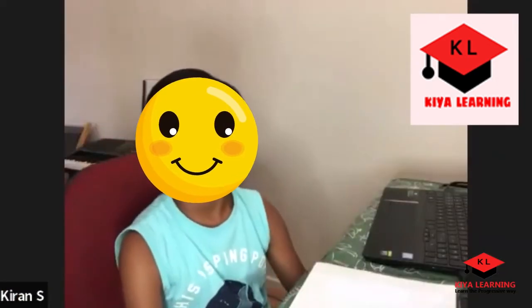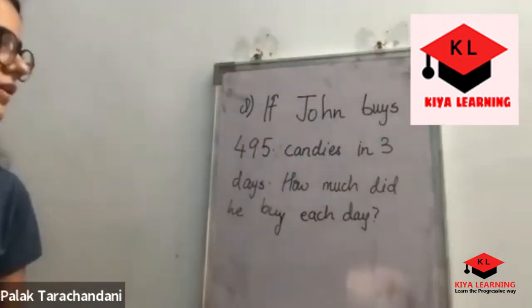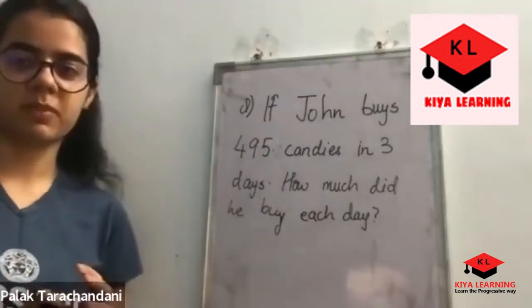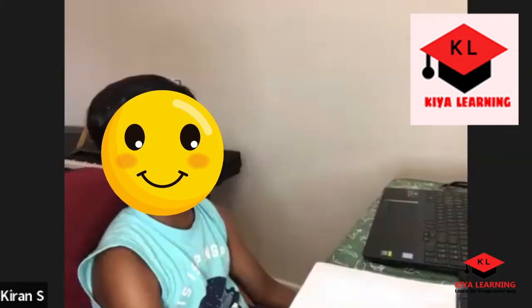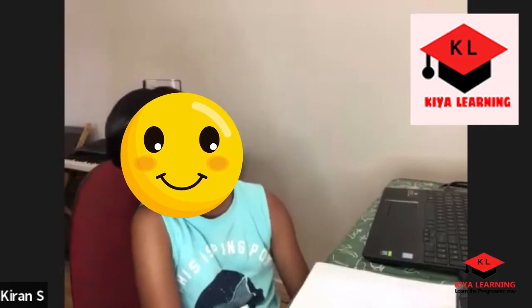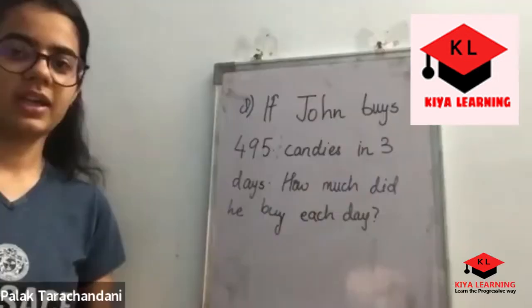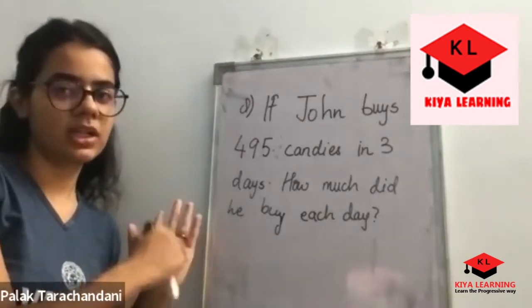Okay. For simplicity, let me do 495. It would be a much simpler problem. I think that's 3 multiplied by 495. No. Okay. What you can do is, can you read the question loudly again?